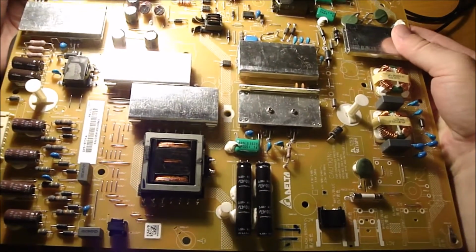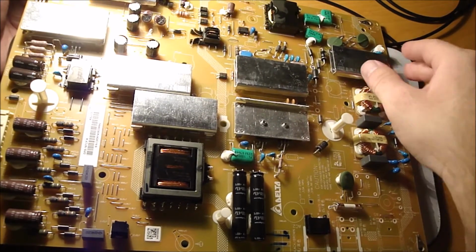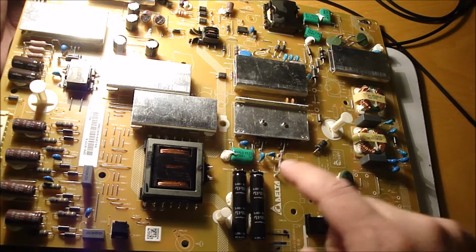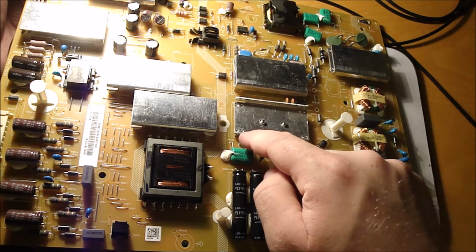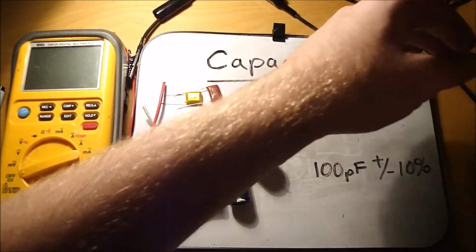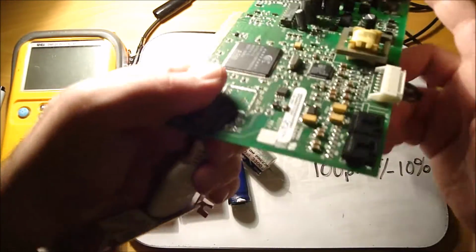Here's a power supply, and you might be able to point out what the capacitors are, but here's a couple electrolytics. These little blue things are capacitors. This is a capacitor. These are some surface mount capacitors.